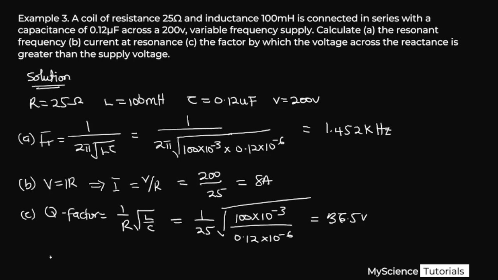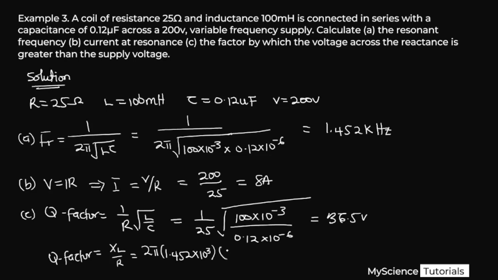Or we can use Q factor equal to XL on R, that is equal to 2 pi multiplied by the resonant frequency 1.452 times 10 to the power 3. So 2 pi FL, okay, XL is 2 pi FL.